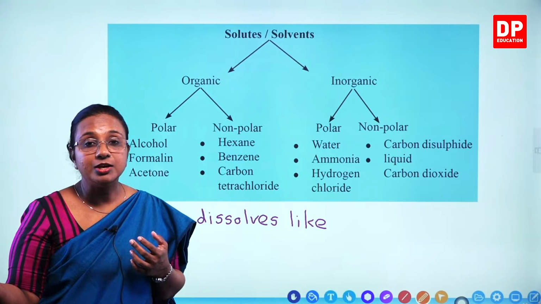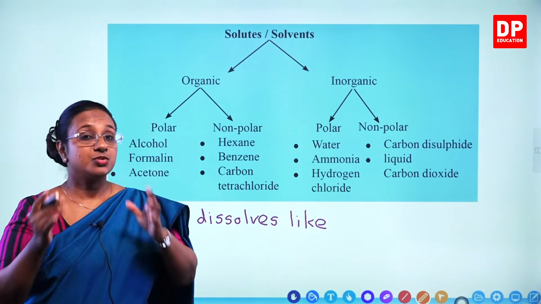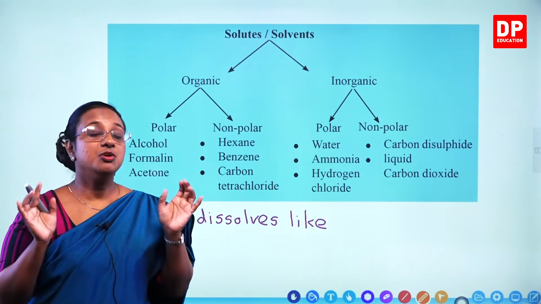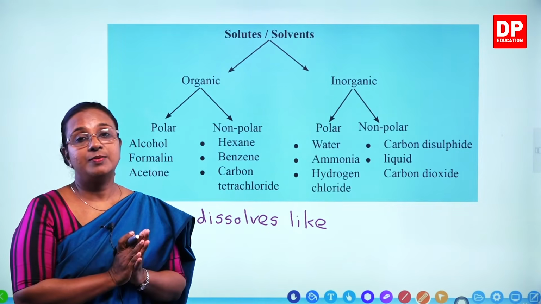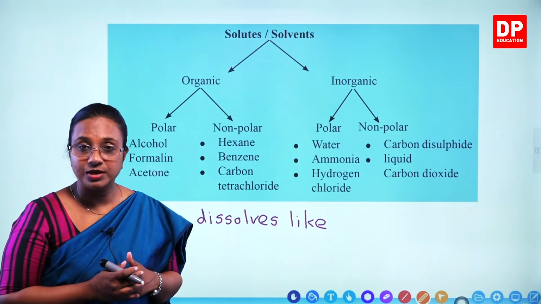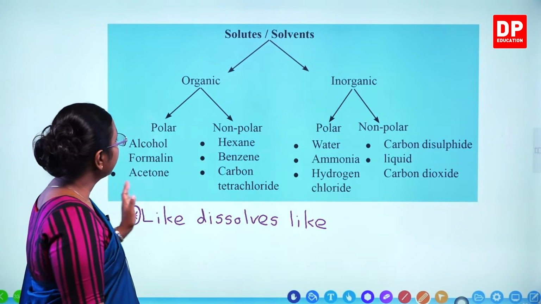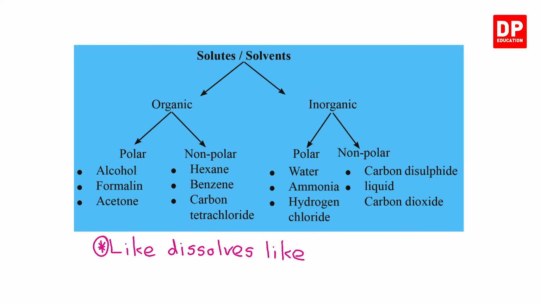Oils are very good examples of non-polar solvents. So from all your day-to-day observations, you should be able to understand what are polar solvents and what are non-polar solvents. In addition to that, you are provided with many other solvents. You have to remember all these examples.